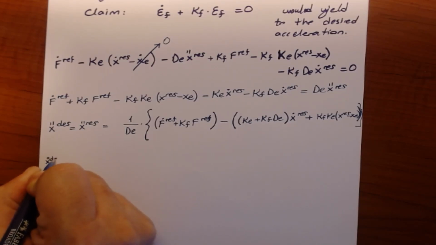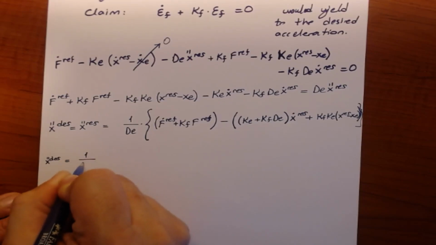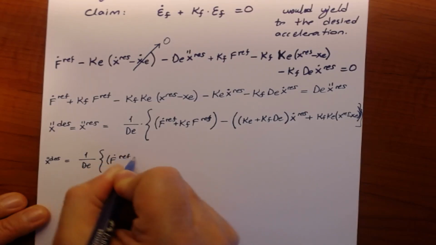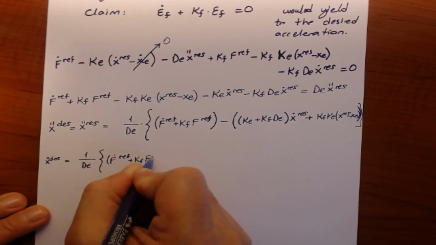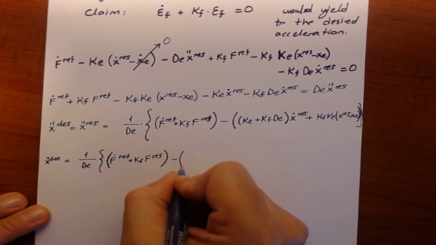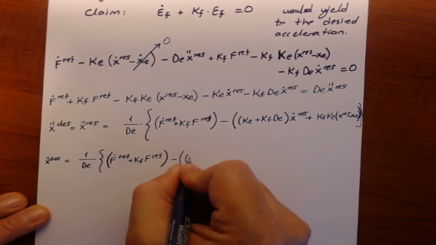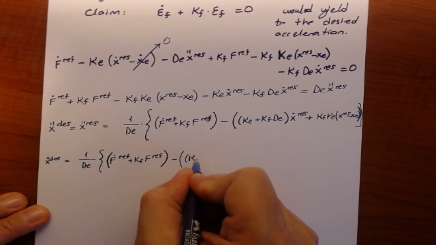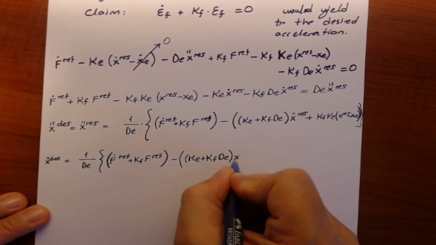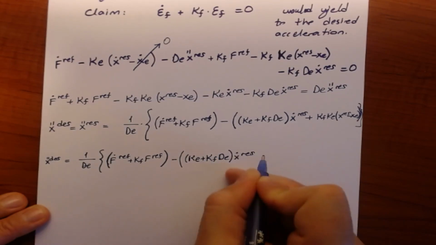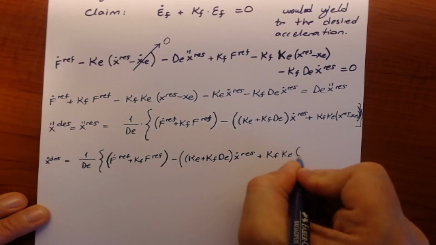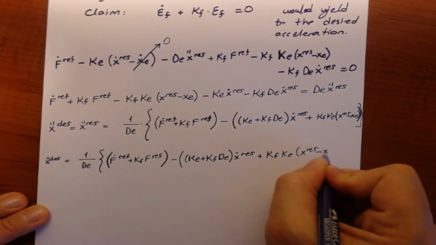X double dot desired is equal to 1 over dE times f dot reference plus kf f reference minus ke plus kf dE times x dot response, this is the velocity feedback, plus kf ke times x response minus x environment.